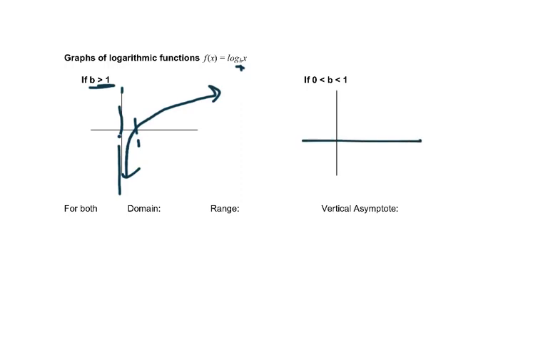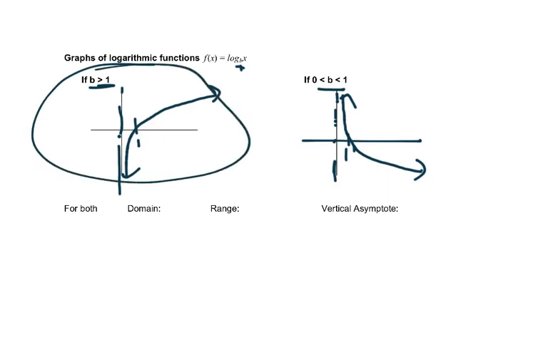If, on the other hand, b is between 0 and 1, it can't ever be negative, the little number down below, then there's still this vertical asymptote, but it comes down and through that 1 instead of going up and over. This is the way we see it most often.